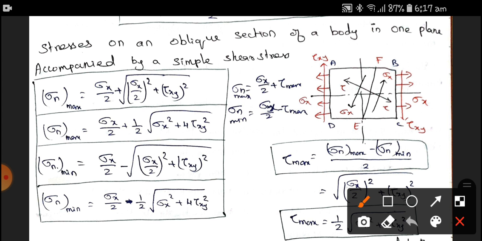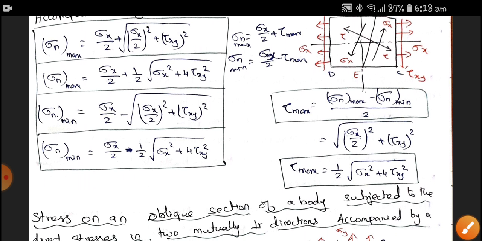For the minimum stress, instead of plus we put a minus: sigma x by 2 minus square root of (sigma x by 2) the whole square plus tau xy square. Similarly, tau max is equal to sigma n max minus sigma n min divided by 2. Therefore, tau max is equal to 1 by 2 square root of sigma x square plus 4 tau xy square, or tau max is equal to square root of (sigma x by 2) the whole square plus tau xy square.